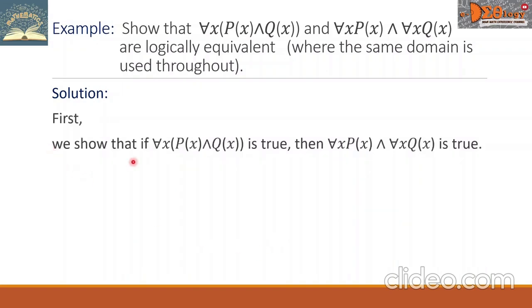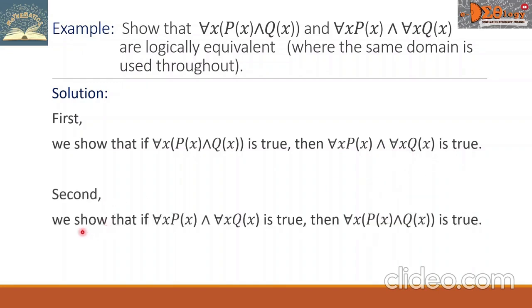The first one is we show that if for all x, the conjunction P of x and Q of x is true, then the conjunction for all x, P of x, and for all x, Q of x is true. Second, we show that if for all x, P of x, and for all x, Q of x is true, then for all x, the conjunction P of x and Q of x is true.